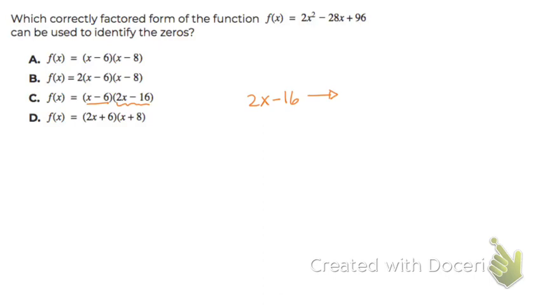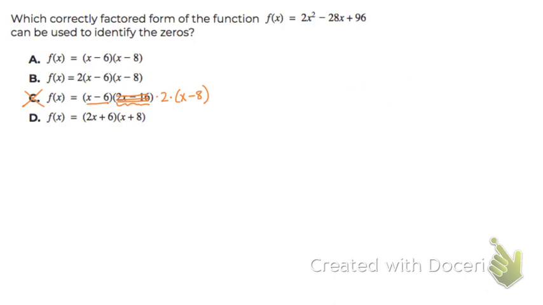I can divide them both by 2. So I can break this down further as 2 times x minus 8. So this one is not the answer because this can be broken down into 2 times x minus 8. It's not fully factored. That's the case with D as well.